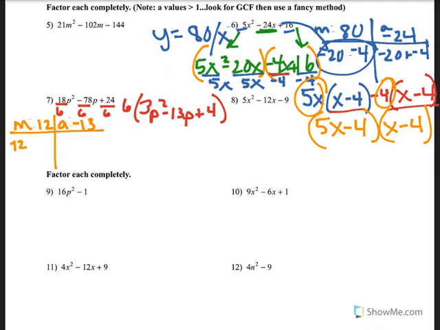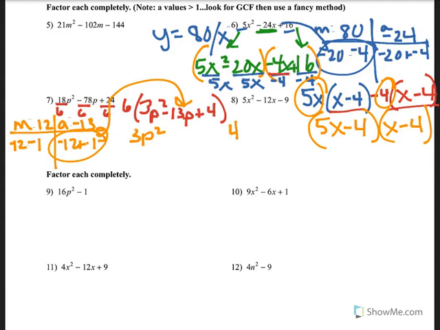So negative 12 times negative 1, and then negative 12 plus negative 1. Okay, so I have to take these and replace it with the middle, because that's how we do our AC method. So when I replace it with the middle, I copy the first term, 3p squared, copy the last term, and then I plug in those terms.